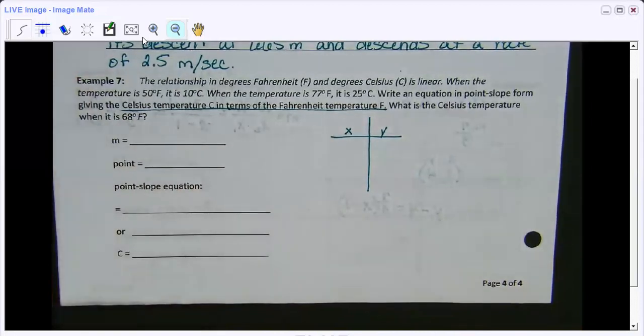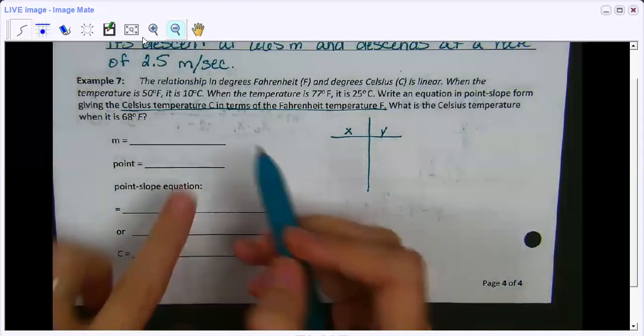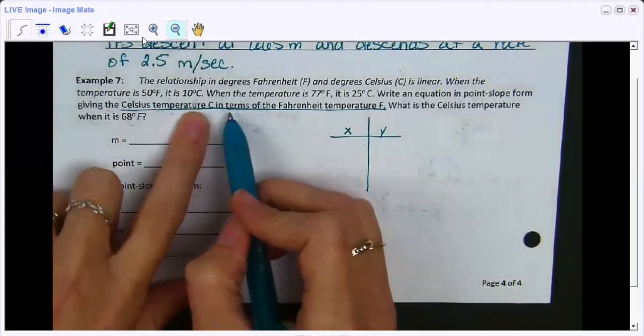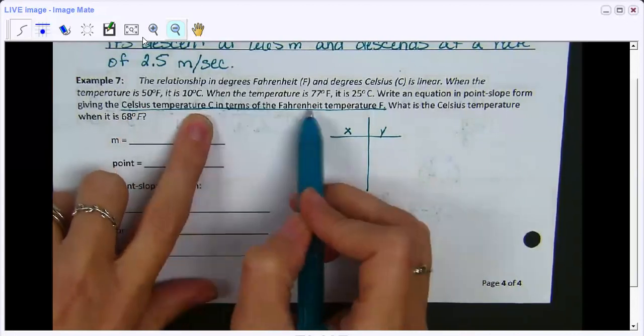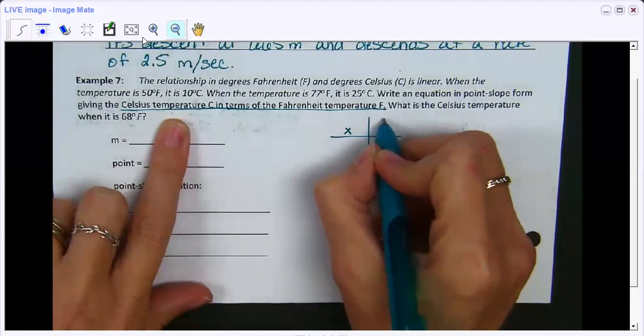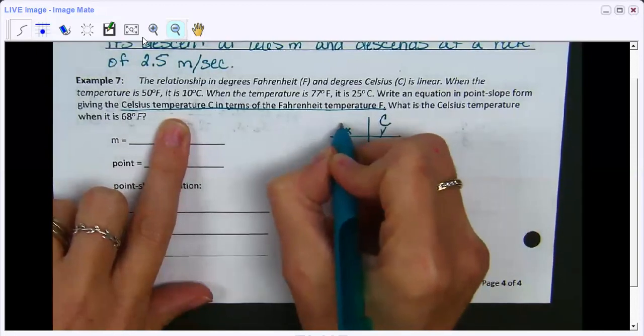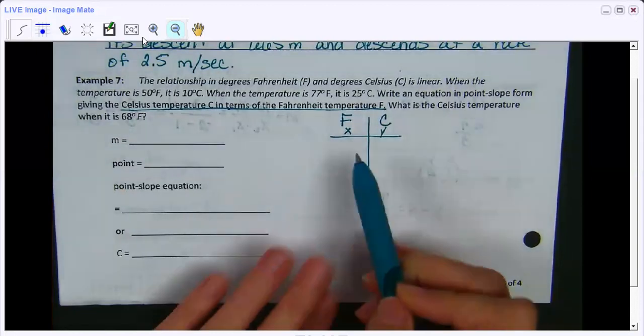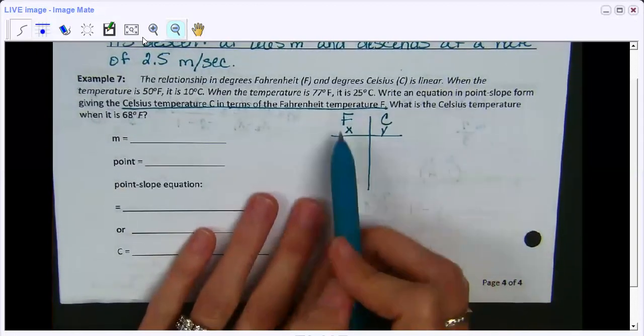And if you remember when we were doing functions, anytime you see Y is a function of X, or something is a function of something else, then in this case, since Celsius temperature is in terms of Fahrenheit, your Celsius is going to be represented by your Y, and your Fahrenheit is represented by your X, because Celsius is in terms of Fahrenheit.